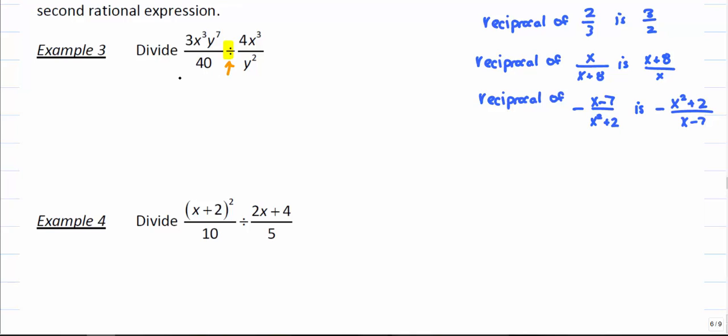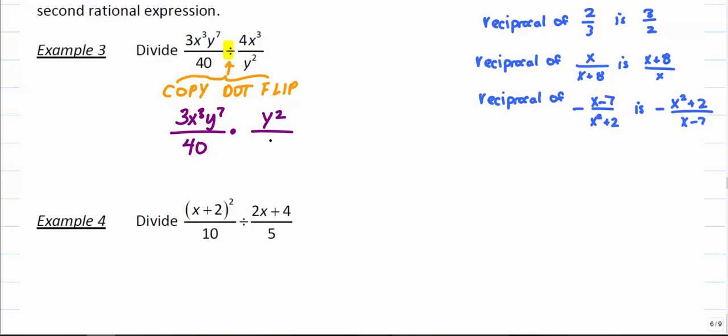So as soon as I see this symbol right here, I'm going to copy my first fraction down. So this is just going to become 3x to the third, y to the 7th over 40. You never, ever flip the first fraction. And then I'm going to dot, meaning I'm going to change that division symbol to a dot, which is a multiplication symbol. And then I'm going to take the reciprocal of, which just means to flip, that second fraction.